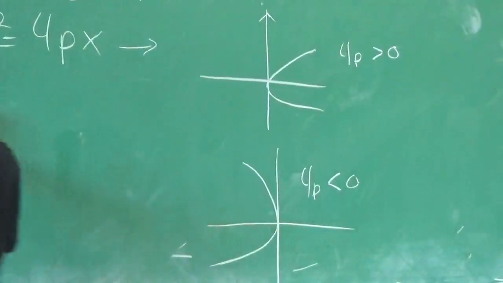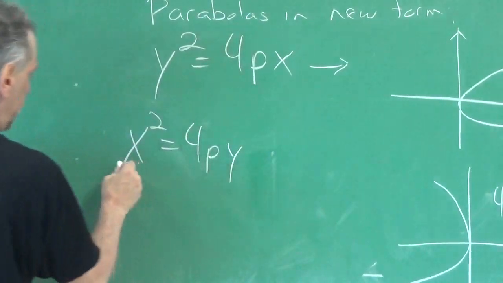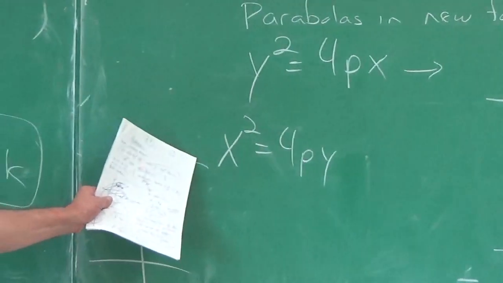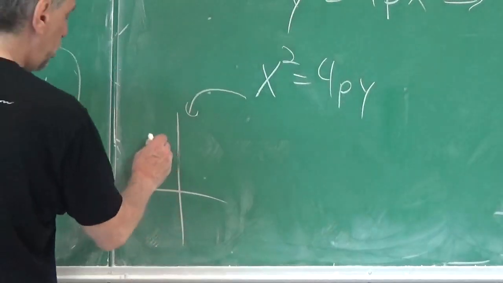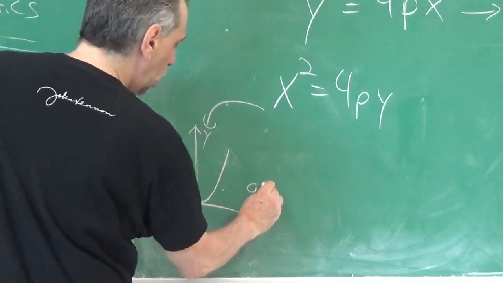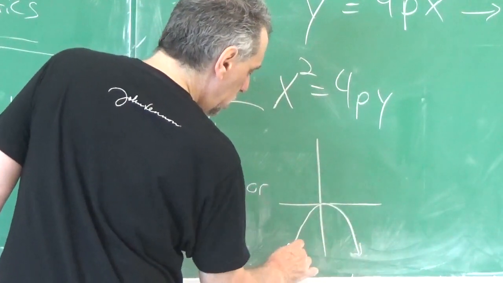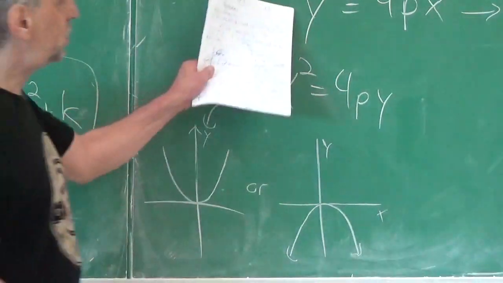And this is another way we'll see. This is the one we saw in chapter 1 and chapter 3, right? When we had y as a function of x. And this opened up along the y-axis, or again, downward.